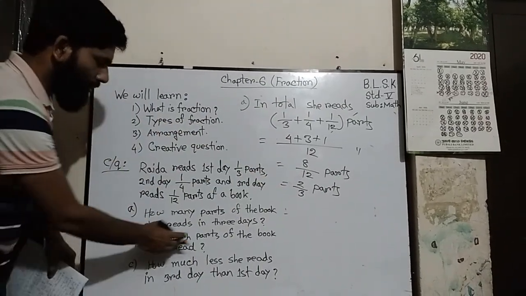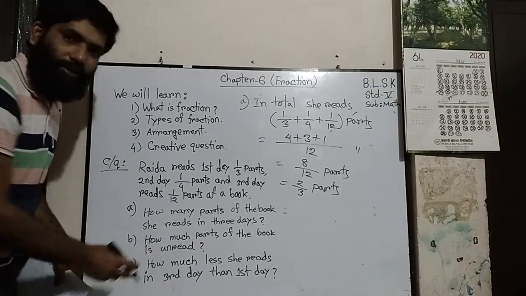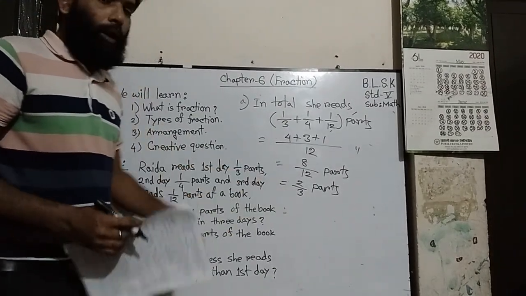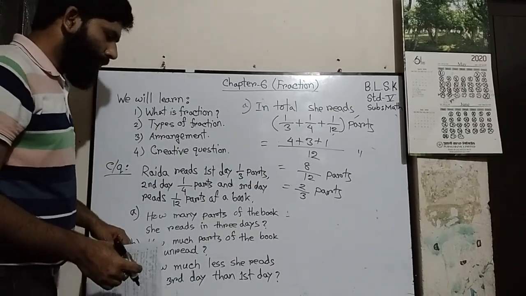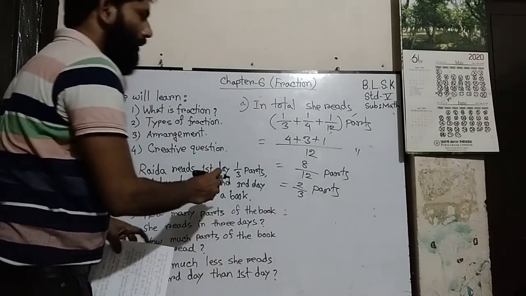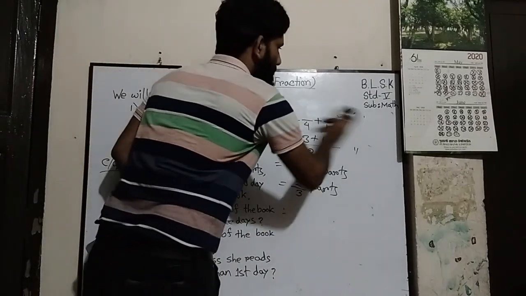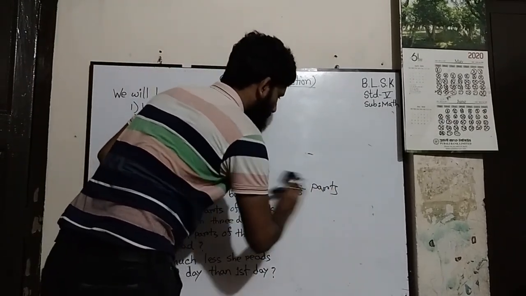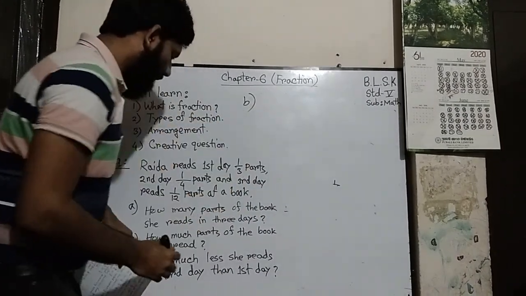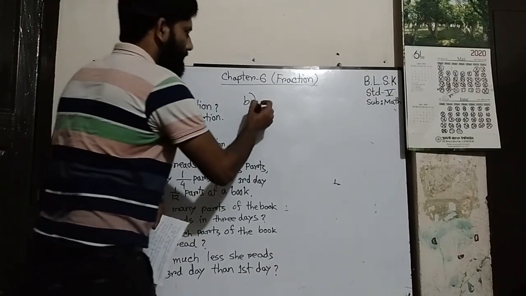Number B: how much of the book is unread? In 3 days she reads 2 by 3 parts, but how much of the book is unread? So we should do this. Number B, total unread.